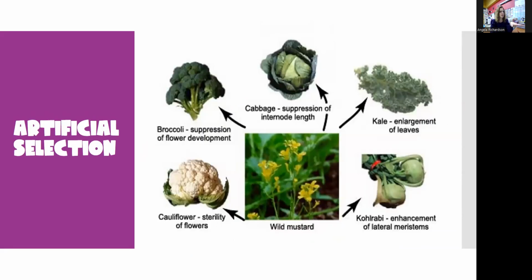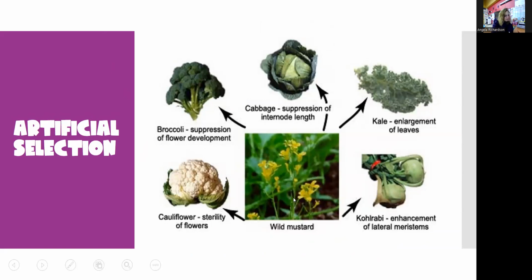All of these vegetables right here, your cauliflower, broccoli, cabbage, kale, kohlrabi, is all from one plant. And by looking at specific parts of the plant and breeding specifically for those parts, we have created 5 different vegetables from one plant. So for example, the cauliflower comes from the flowers. Broccoli comes from suppressing the flower growth.